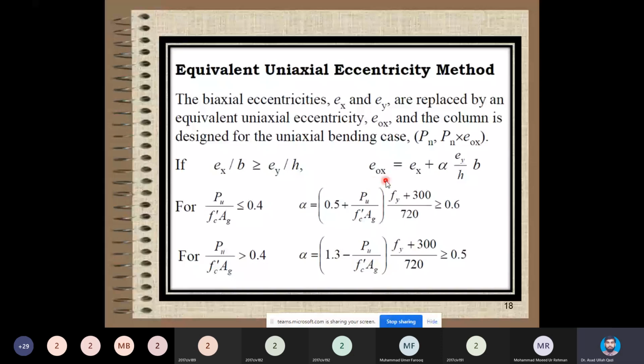So what this alpha is, there is further guidance available that you will take the ratio of the ultimate axial force.